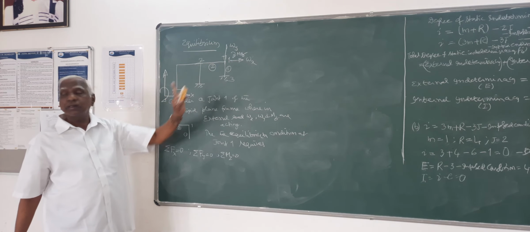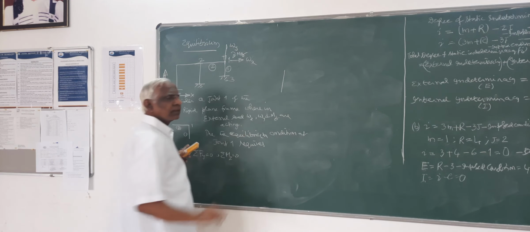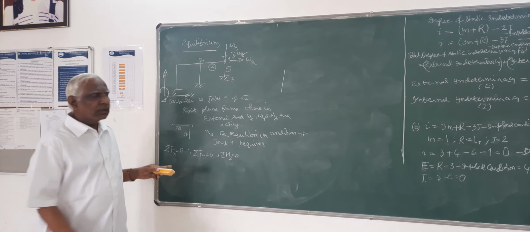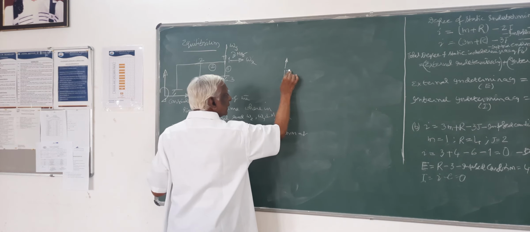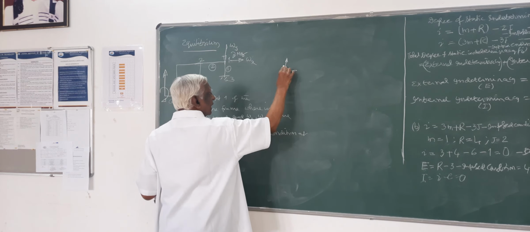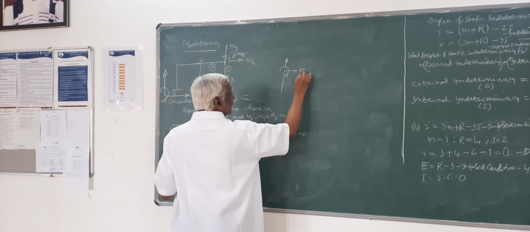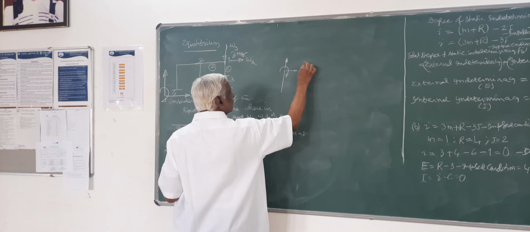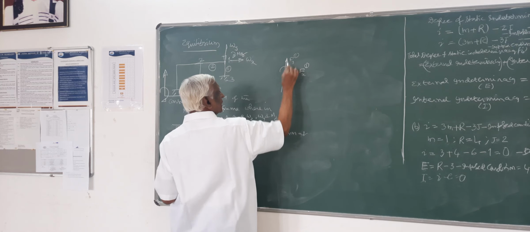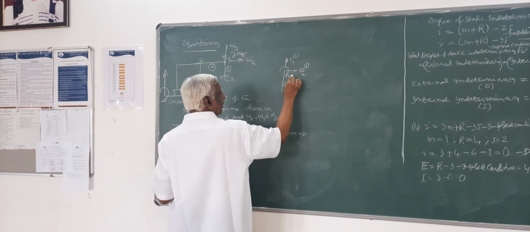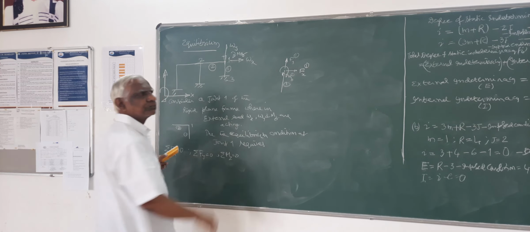Then coming to the member end forces. In member 1, which is a rigid plane frame member, there will be 3 internal forces: horizontal, vertical, and moment. So this is Fx of member 1, Fy of member 1, and Mz of member 1 at the joint 1.